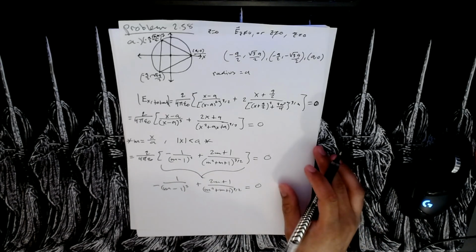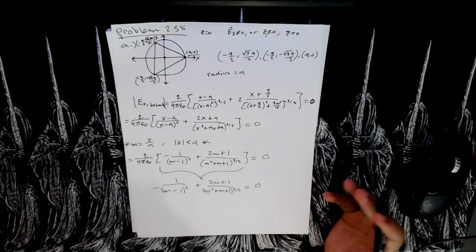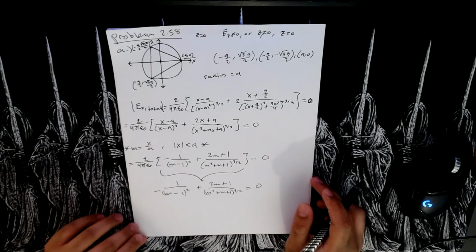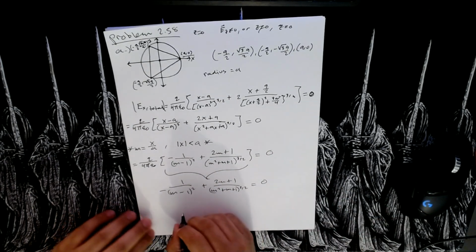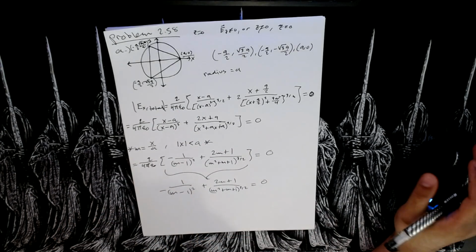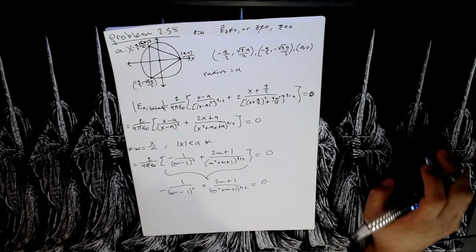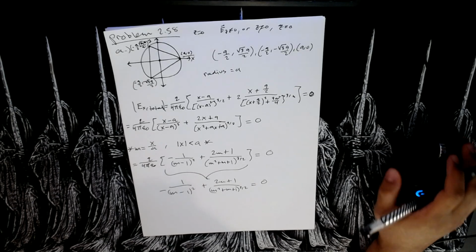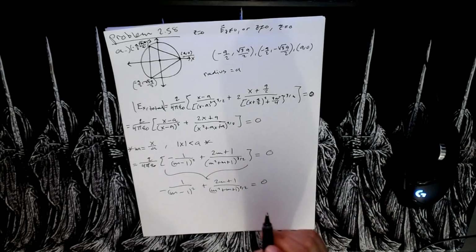You can use Mathematica, Desmos. I use MathWay. You basically just have to plug this into the computer, and once you do, you'll have two complex roots and one negative root.